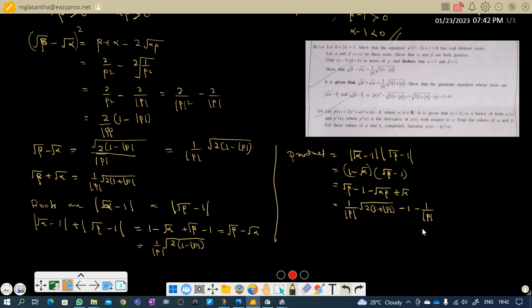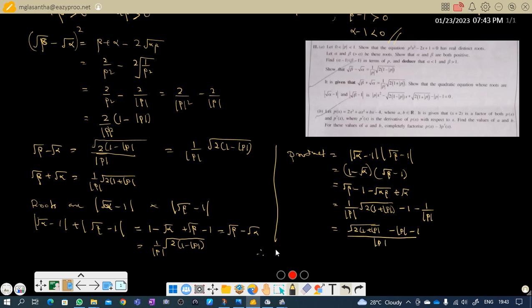Like that. So this equals square root of 2 into 1 plus mod p, minus mod p minus 1, whole thing divided by mod p.